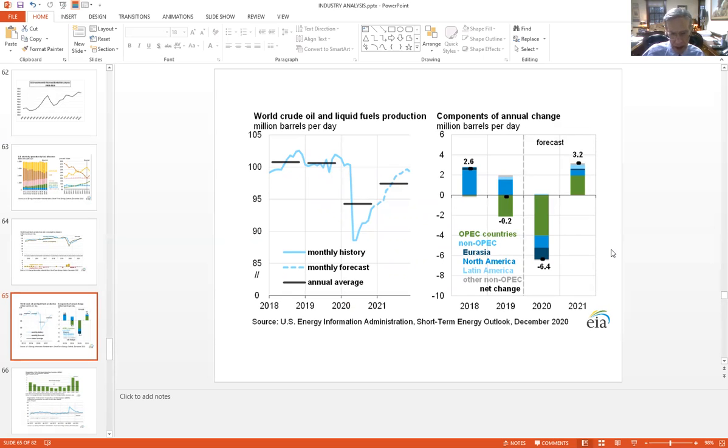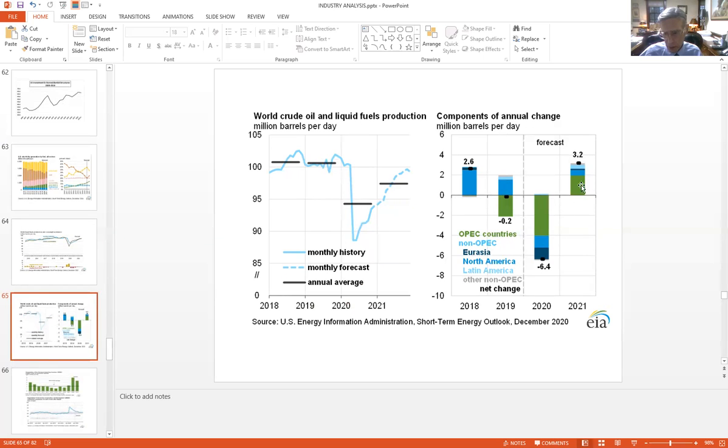So the line on the bottom here represents crude oil production. You can see how it's dropped during the pandemic and expected to come up. The dotted line is expected. And the geographic sources are over here on the right.